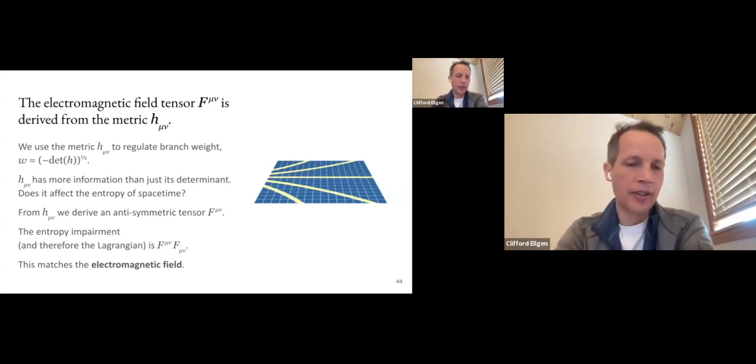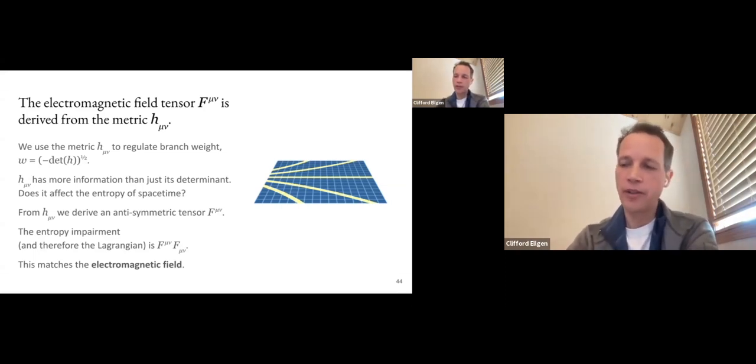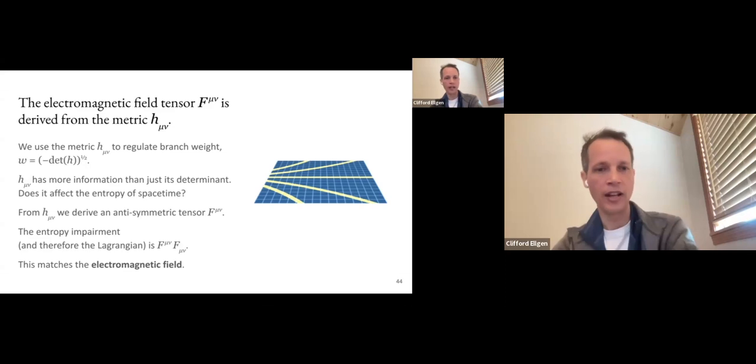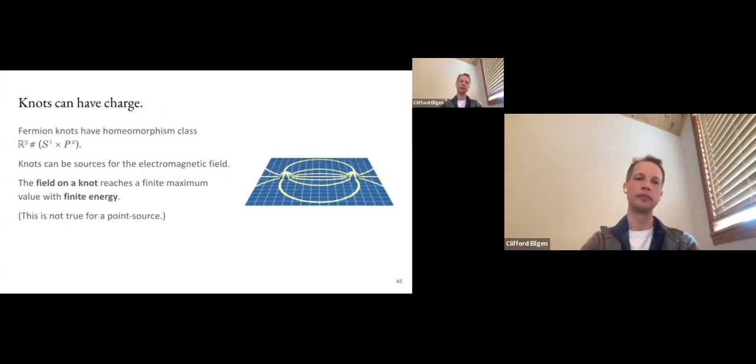This is interesting because electromagnetism is described using an antisymmetric tensor, and the Lagrangian of electromagnetism is f mu nu f mu nu. So those features of this entropy impairment match between the description of knot physics, where it comes from this metric h mu nu, and the description of the standard model, where we have electromagnetism described with this tensor in that particular Lagrangian.